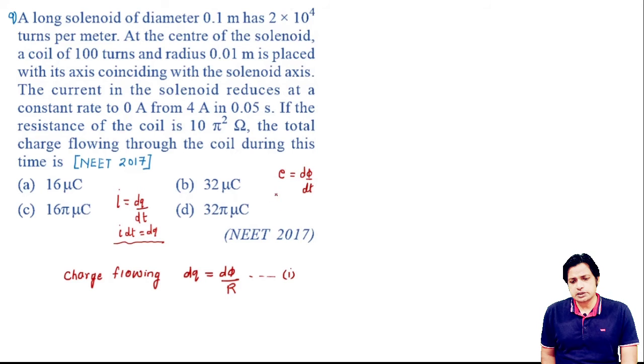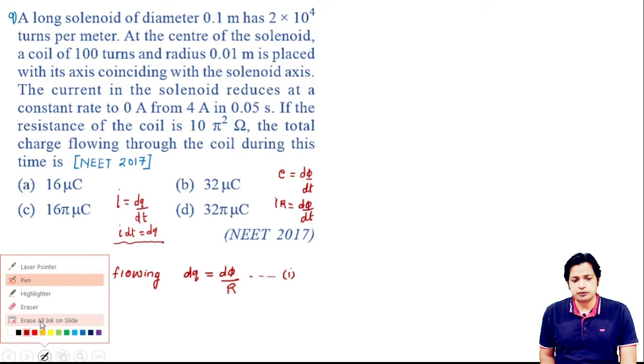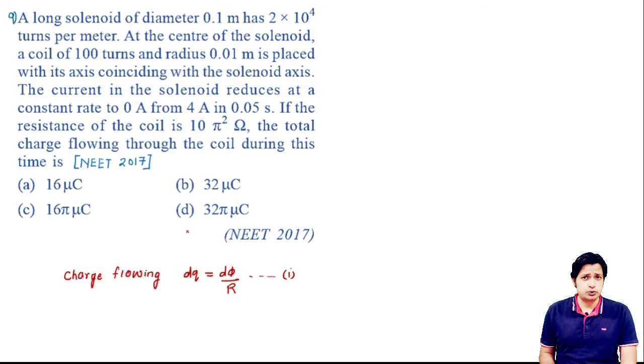And E can be written as IR. So IR is equal to d phi by dt. Just rearrange the terms. Take this dt to the left and R to the right. So you will get I dt is equal to d phi by R, or you can write dq is equal to d phi by R. So this is how you get the formula. I wrote it for those students who don't know this formula.